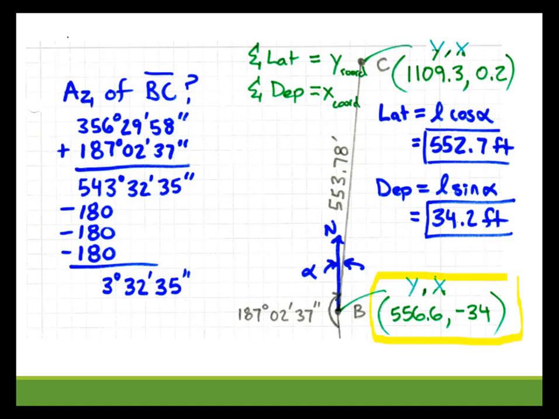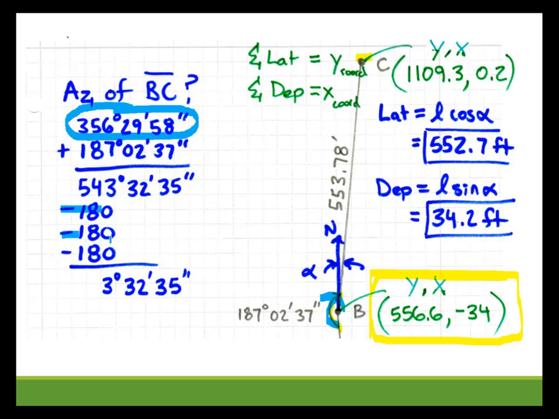So here I've computed the coordinates of point B using the latitudes and departures. Now I turn an angle and sight to point C. I have a measured distance as well as a recorded angle to the right. So what's the azimuth of that line from point B to point C? That can be computed by taking the azimuth of my prior line and then adding the angle that I turned to the right to get me to the line from B to C. So that gives me 543 degrees.